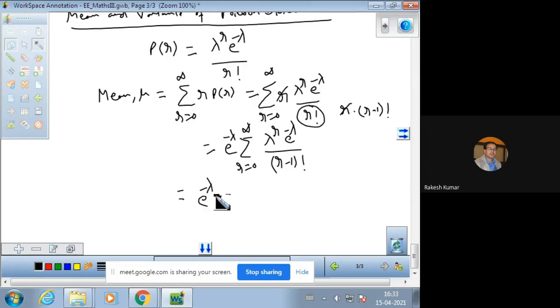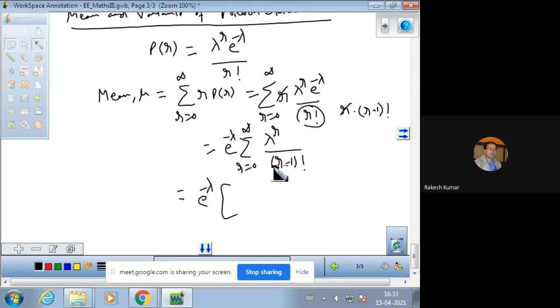So that is e raised to power minus lambda, with the summation for r equal to 0. For r equal to 0, the factorial is of 0 minus 1, which is minus 1 factorial, and that value will not exist, it is not possible.